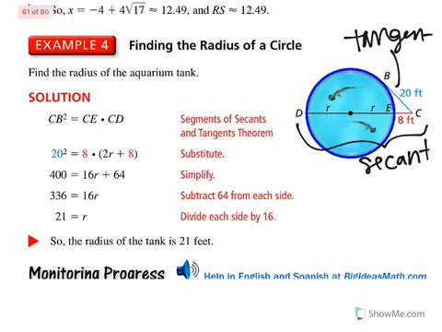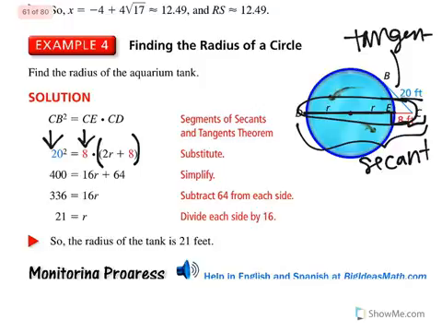Well, if we take a look at our tangent line, it's 20, so that's where the 20 came from. The outside piece, which is EC, is where the 8 came from. And then if we look at our inside piece, that's actually 2R, and then we want plus 8 because we want the entire line. So the entire line is 2R plus 8.